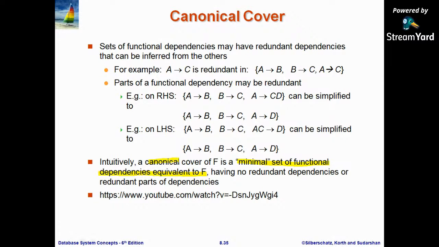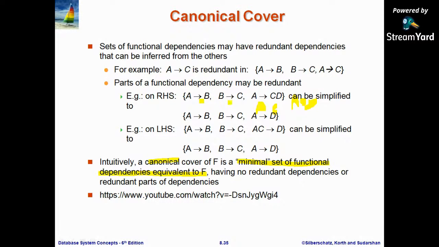How to calculate the minimal set of functional dependencies? We will see some examples. If A tends to B, B tends to C, we can divide it as A tends to C and A tends to D. But you can see that A tends to B and B tends to C hold.